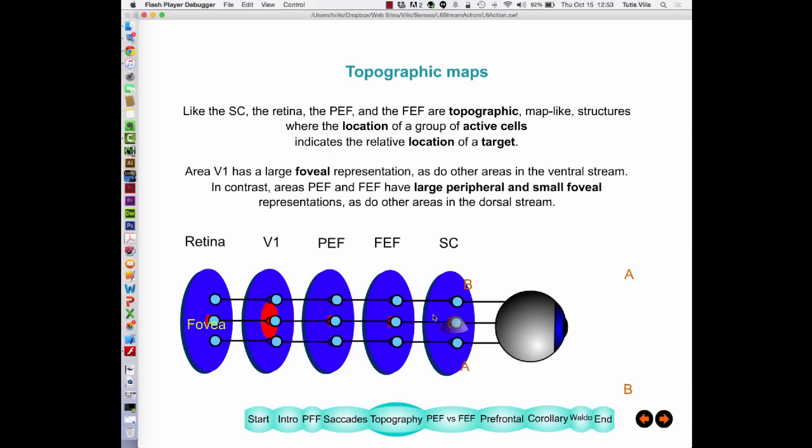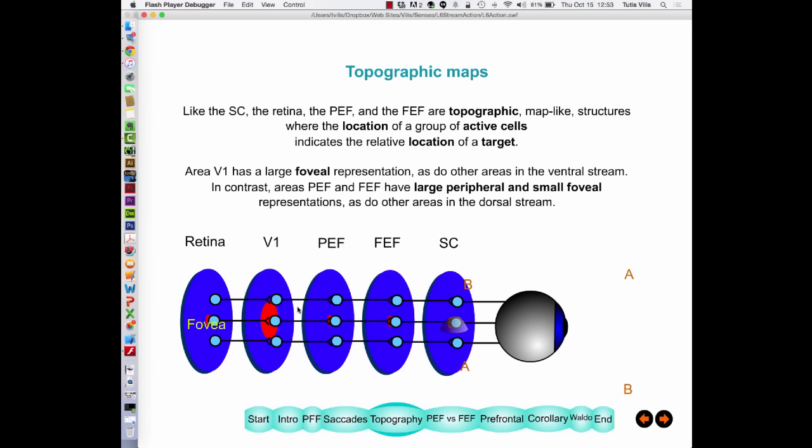Now, the map we were looking at, the important thing to remember is that one half was on one side of the brain, and the other half was on the other side, as we'll see in a moment. But this map in the superior colliculus is similar to the maps that we'll be talking about all along this stream. So we have information coming from the retina, from V1, and the types of maps you'll be getting changes somewhat.